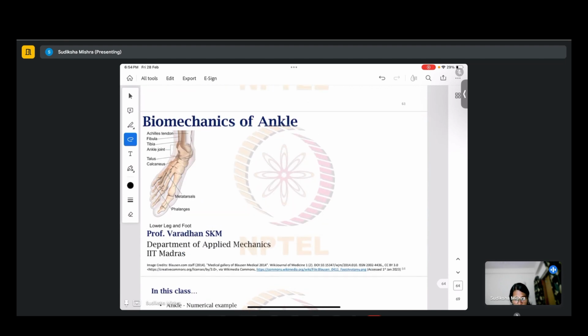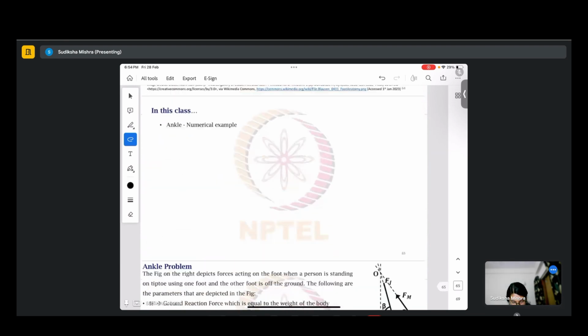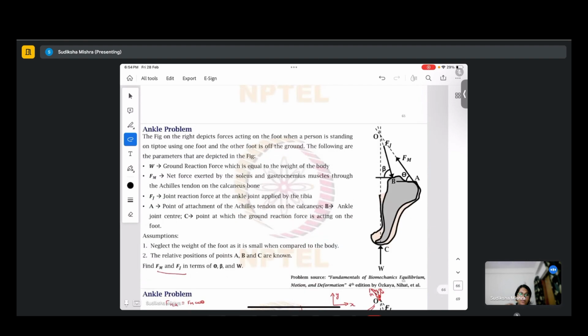Now, so till now we have looked at ankle muscles, the ankle joint, hip muscles and hip joint, a problem of the hip joint, the knee joint, and the muscles that are associated with the knee. Now coming to the ankle problem, we'll solve a problem concerning the ankle.